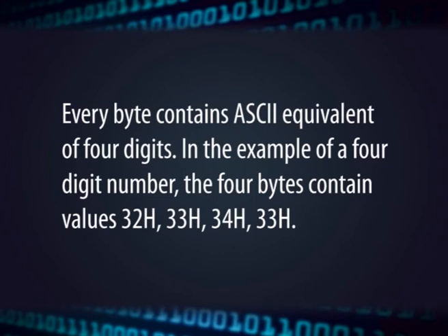In this example, the 4 bytes contain the values 32 hex, 33 hex, 34 hex, 33 hex, which are the ASCII equivalents of 2343. The instruction operates and adjusts only on the register AL, and therefore it is mandatory that the result be brought into the register AL.